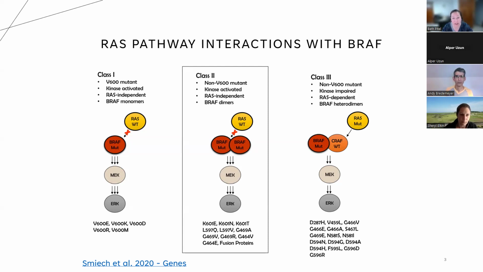Class 2 is kinase activated. So often you need to have a couple different alleles that are mutated, but not necessarily. And then you can activate your downstream pathways as well. And then class 3, kinase is impaired. So you're dependent on RAS and some heterodimers with BRAF.